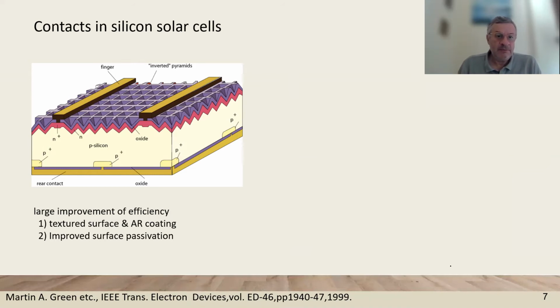This is the scheme for a pyramidal texture of the surface of silicon, for randomization, and an anti-reflective coating, for enhancing the penetration of the light and minimizing the escape of the light, and also improving a surface passivation to reduce recombination.